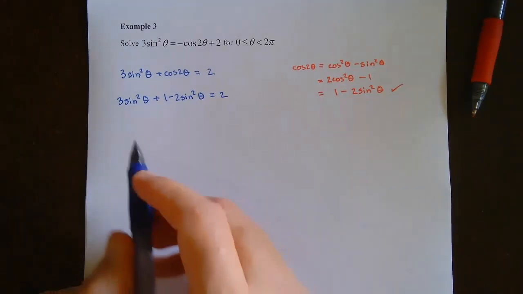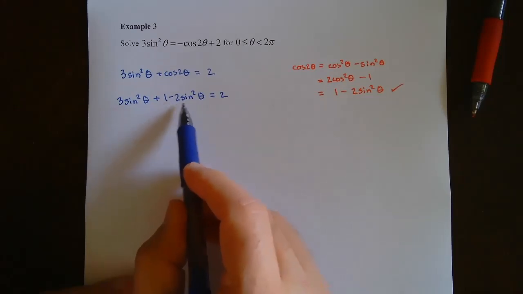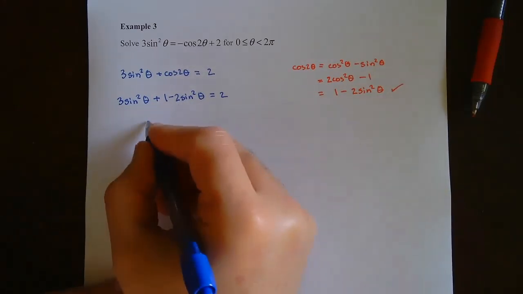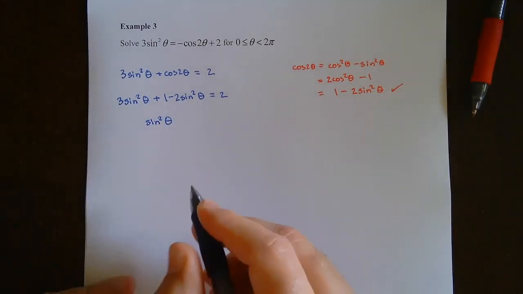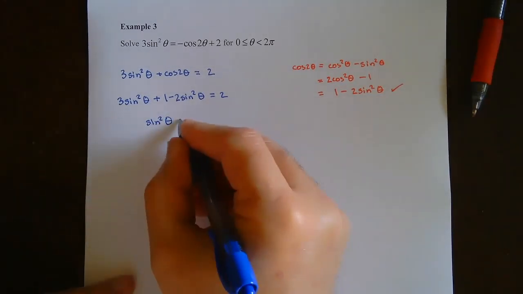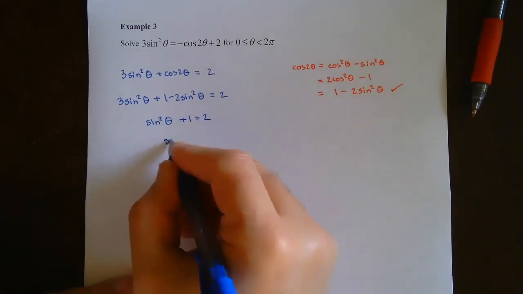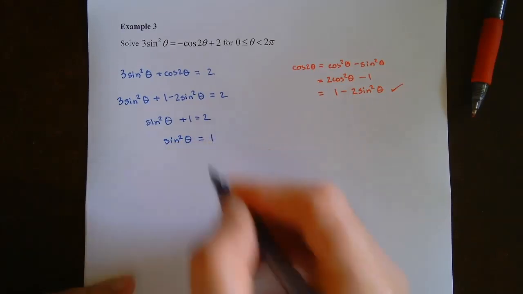Okay. So now, okay, we have 3 of these sine squared thetas, and here we're going to take 2 of those sine squared thetas away. So we'd have just 1 sine squared theta. So we have sine squared theta plus 1 is equal to 2, or sine squared theta is equal to 1.